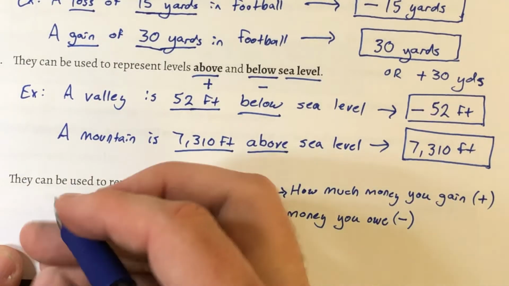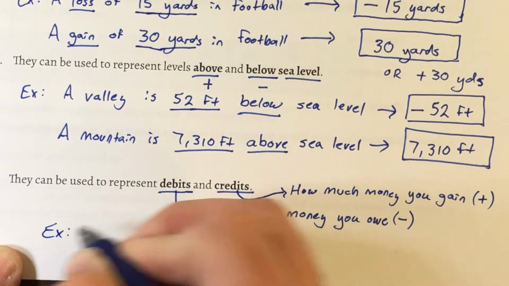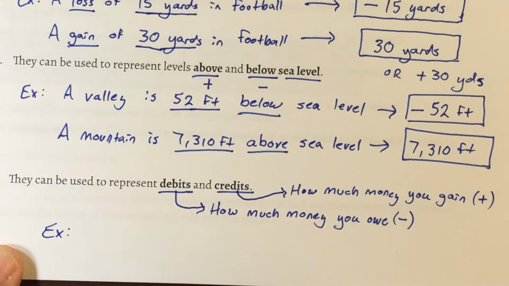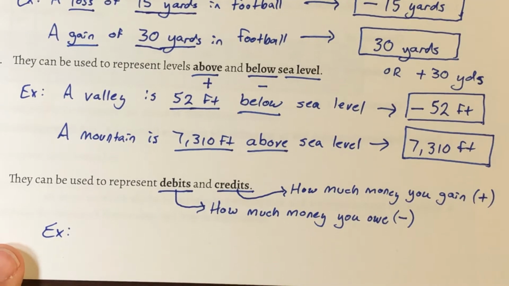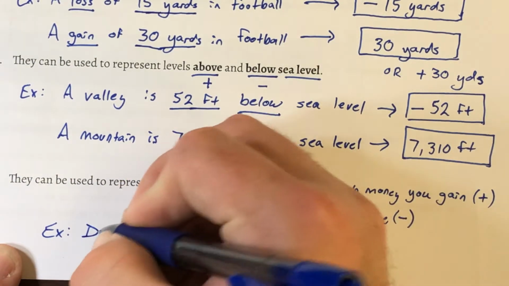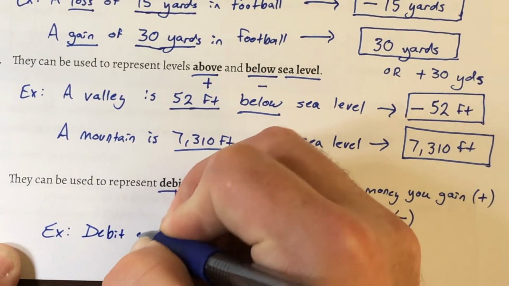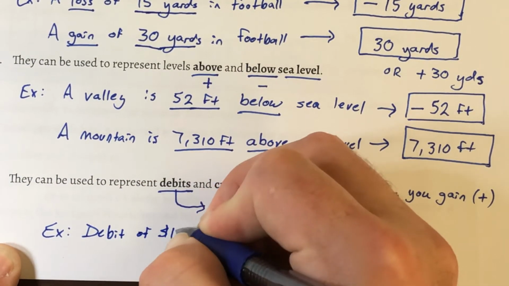All right, here's a couple examples of them being used. First example, let's say you use your debit card and you spend $180 at the store. If you look at your bank statement and all of your purchases and your history, there's going to be something on there that says perhaps a debit of $180.